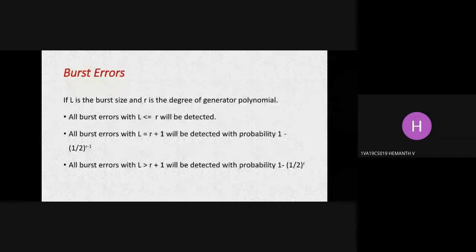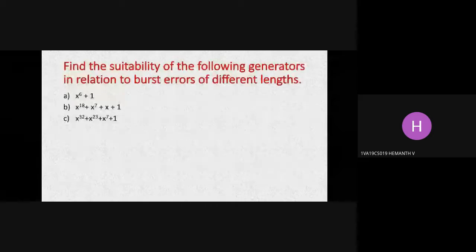Next, let's solve a few of the problems here. Find the suitability of the following generators in relation to burst errors of different lengths. You can see here the different generators are given. So now the question is, using this generator, can you find out burst errors present in the data?